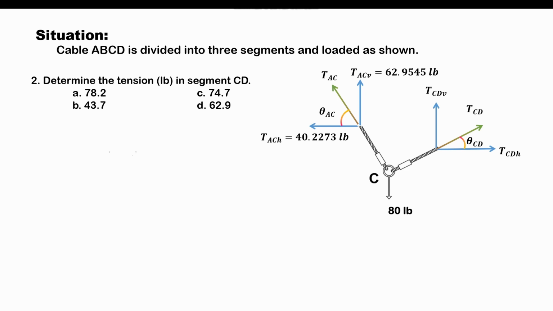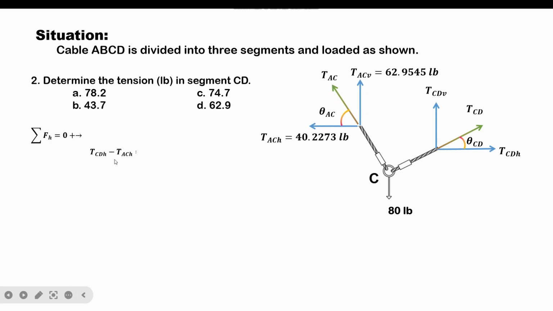So let's consider first the summation of forces along the horizontal direction, considering that those forces acting to the right to be positive. So the involved forces would be first the horizontal component of the tension TCD, which is TCDH, and it is associated with a positive sign, which is invisible here, because it is acting to the right. And the remaining force that would be involved here is the horizontal component of the tension AC.